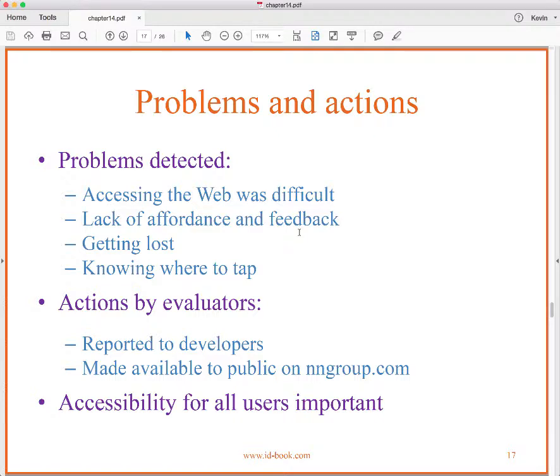So people were having challenges in just the web surfing experience on the iPad compared to the things that they were used to. They had a problem of getting lost in the applications. And although it's not said here, they were doing a lot more tapping than they needed to do. People were kind of over tapping, and they were having a hard time knowing where to tap.